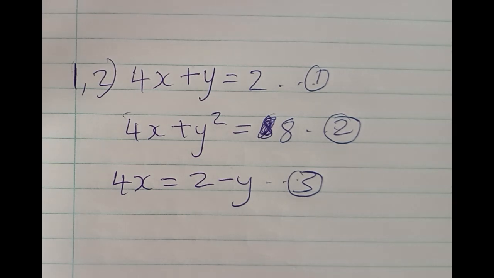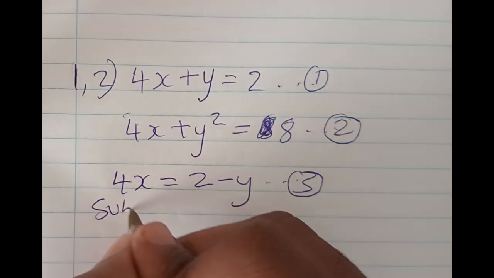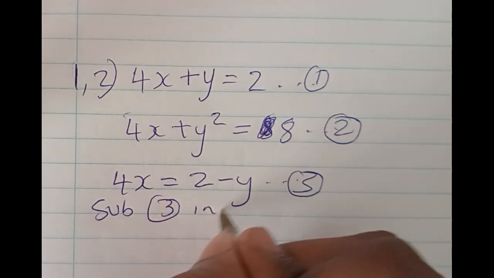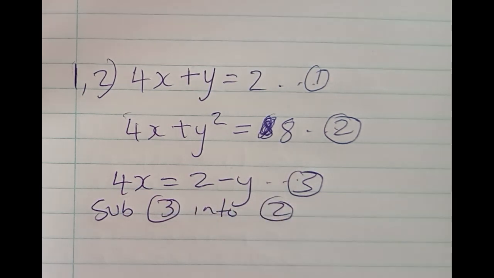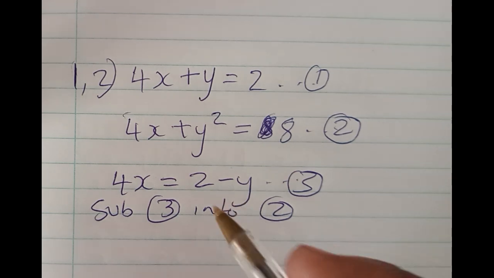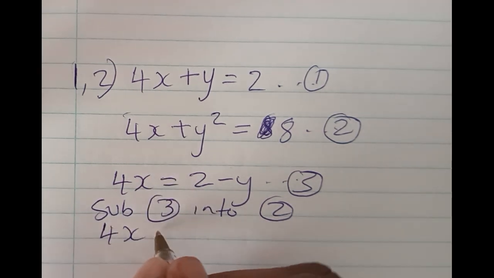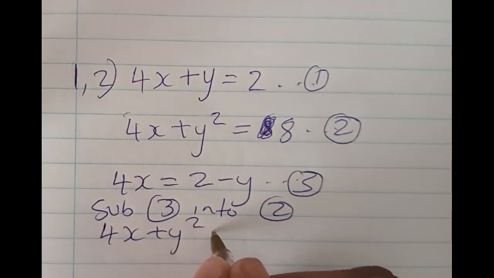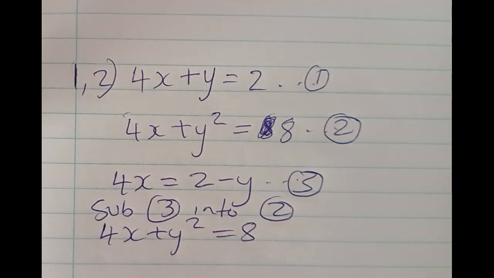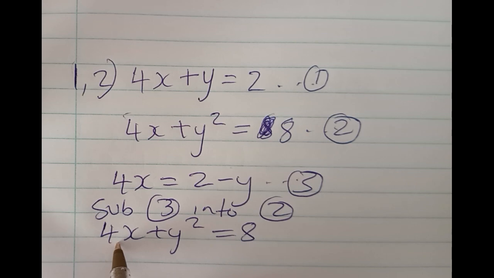So I'll then say substitute 3 into 2. I can't say 1 because I just broke equation 1 and made equation 3, right? So where I see 4x, I'll write 2 minus y. So okay, my equation number 2 is like this. I didn't substitute yet. I'll substitute now. So I see 4x here.